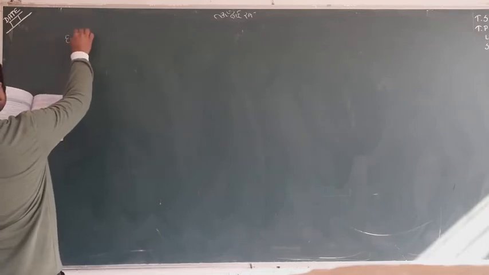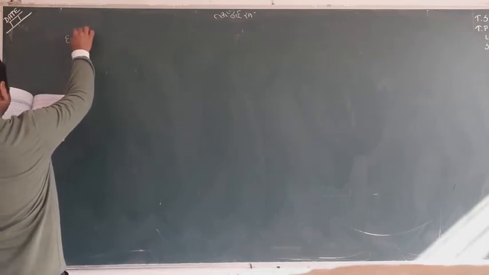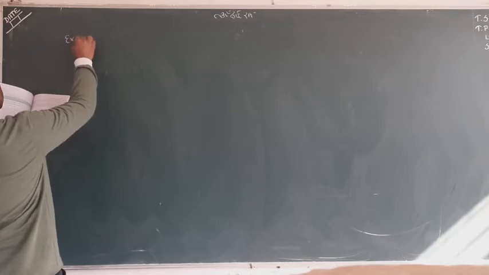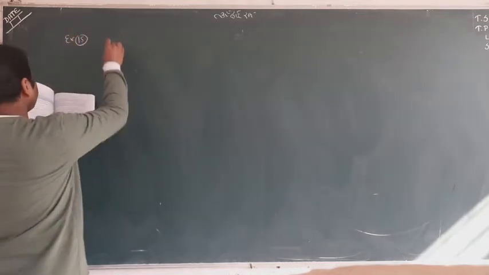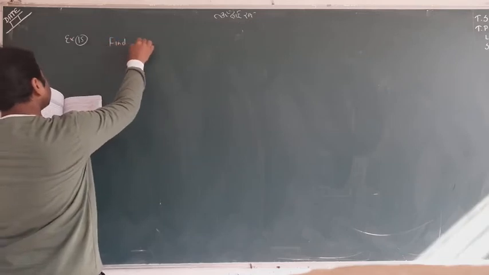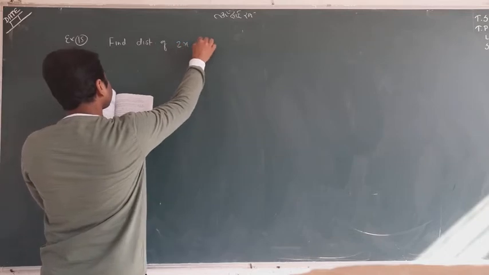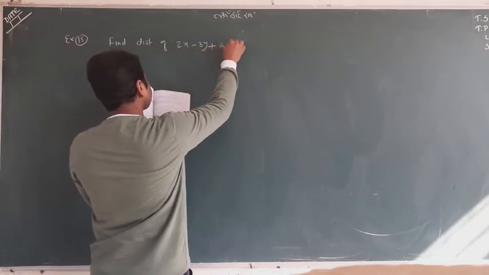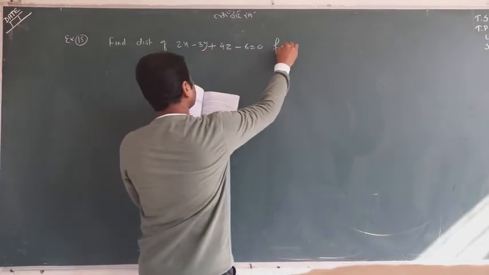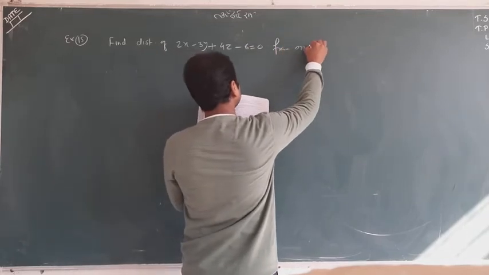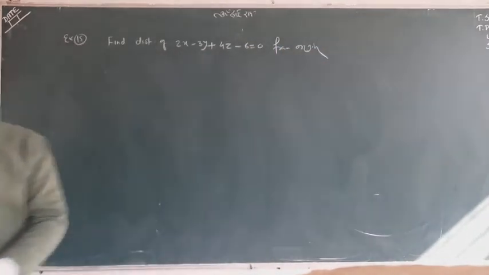Example number 14, sorry. First I tell you the 15th question. Example number 15: find the distance of the plane from the origin. This is the question. What is its meaning?